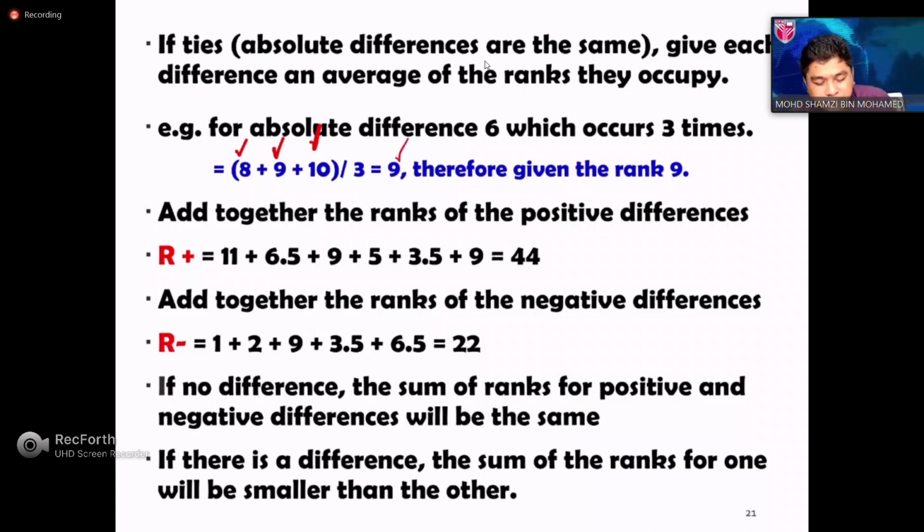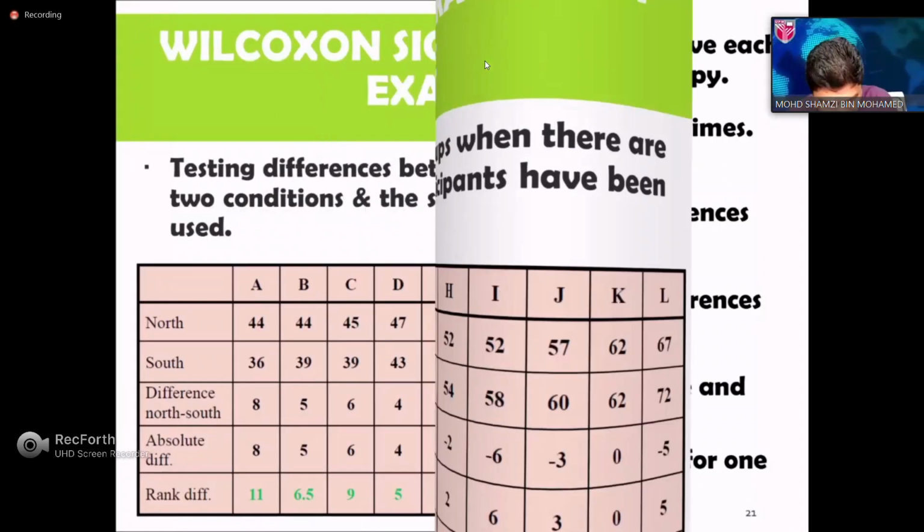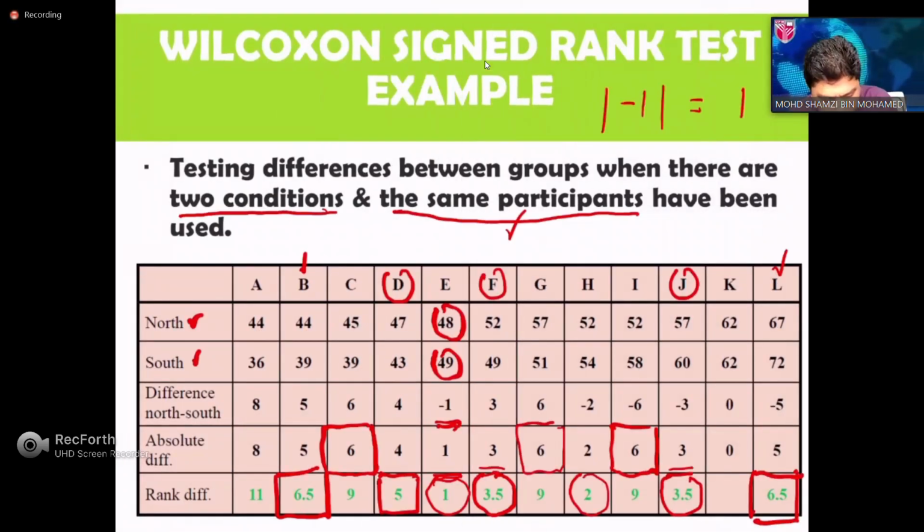So for the positive differences, if you go back one slide, where are the positive ones? So many, right? So many positive differences.